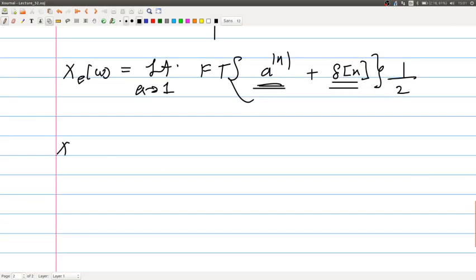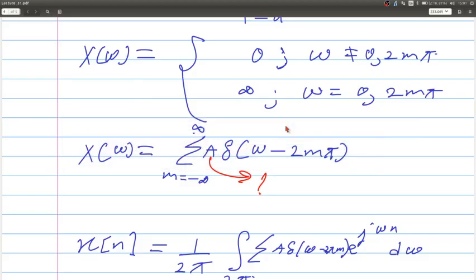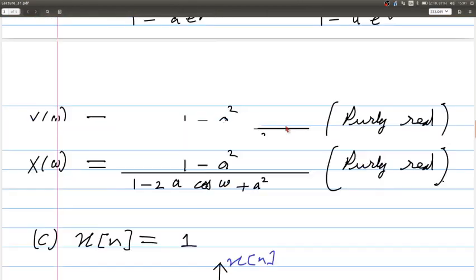So X even of omega would be limit a going to 1. Fourier transform of this we had derived in the previous lecture.